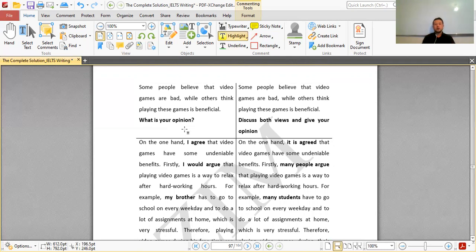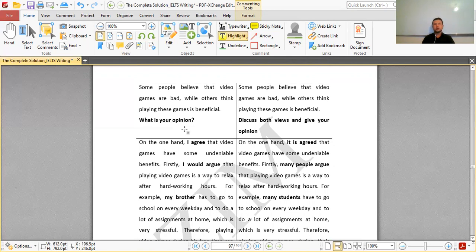For example, in a balanced essay: my friends often complain about the lack of time because of science subjects, like working all day in the laboratory. That is a balanced essay, but in a discussion essay you cannot write my brother or my friend.